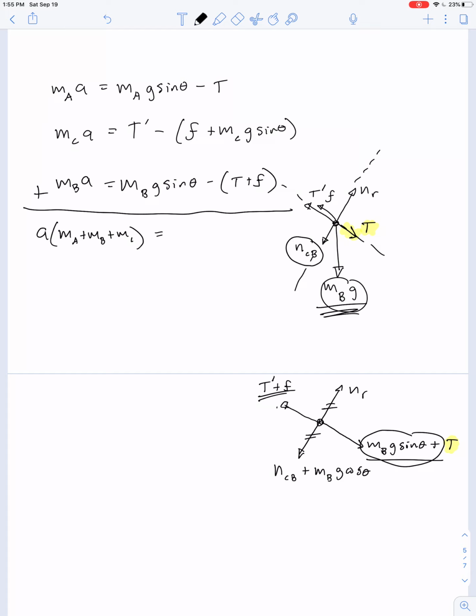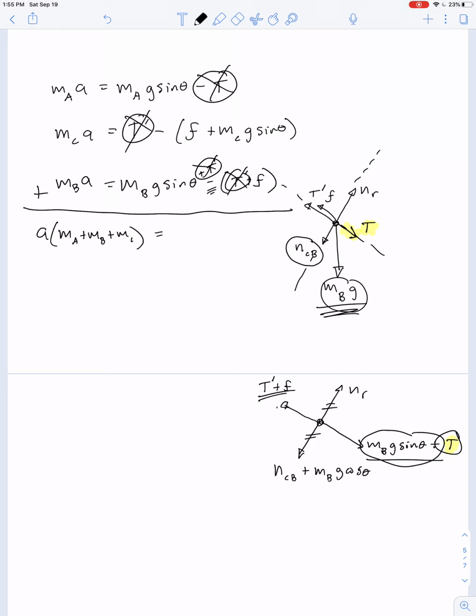Correct my mistake. This is a T prime, but I also have a plus T right here, okay? Plus T. Right, so this negative T and this plus T cancel out. This T prime and this minus T prime cancel out.